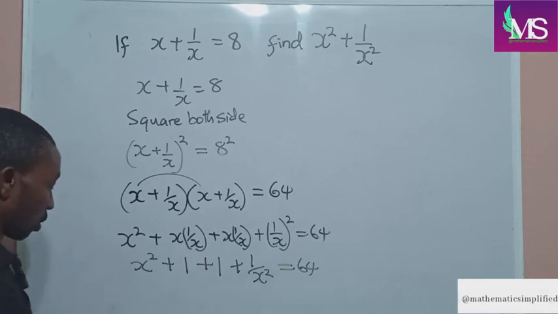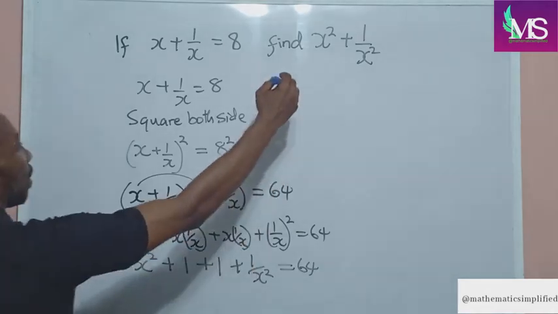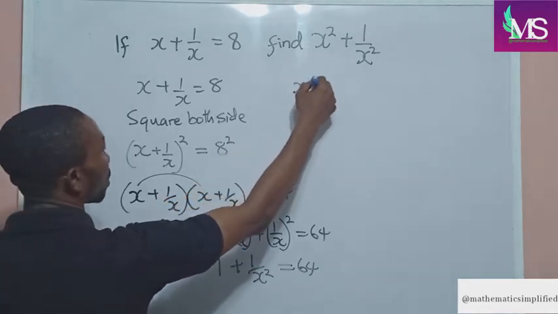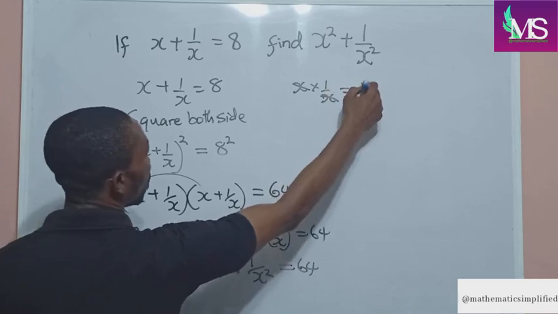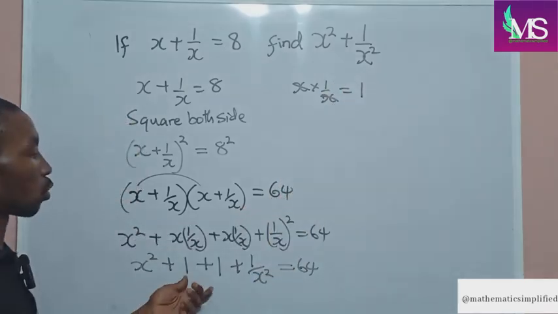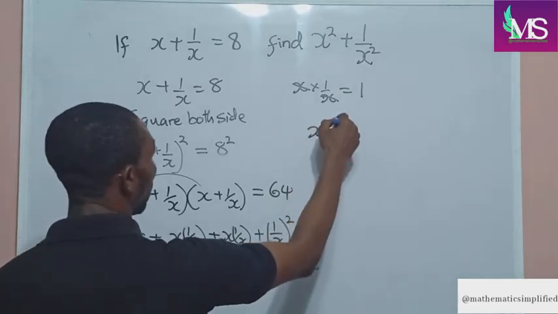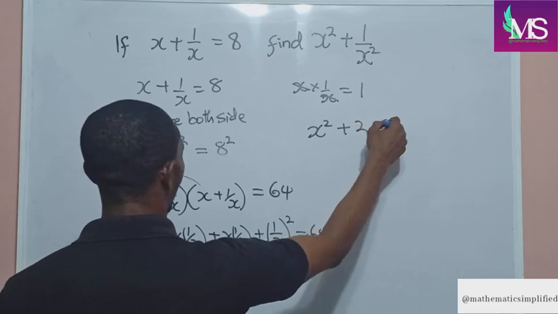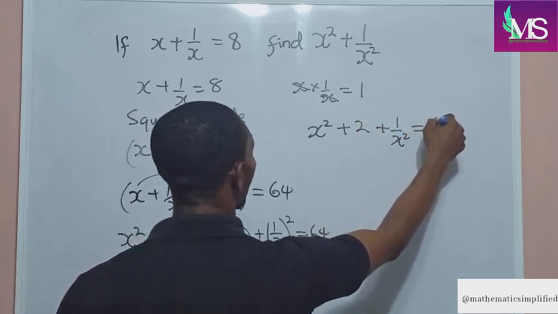You may ask, how is it turning to 1? Let's bear in mind that we have x times 1 over x. So x cancels x, leaving you with 1. That's how we got 1 here. So this becomes x squared plus 2 plus 1 over x squared equals 64.